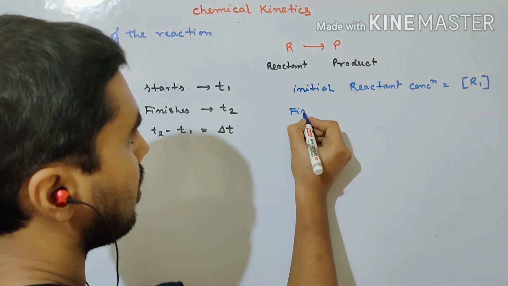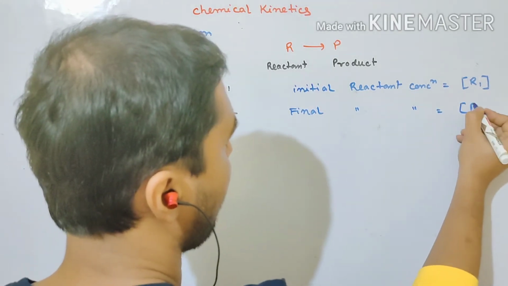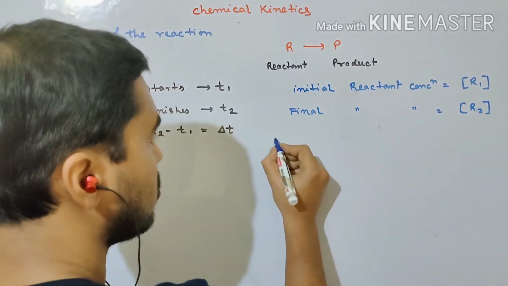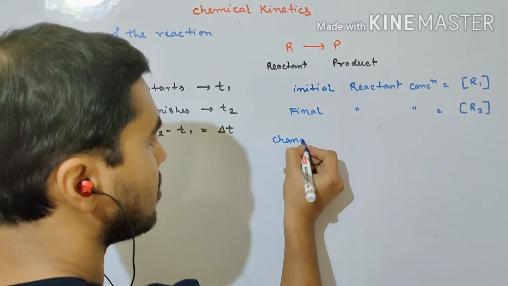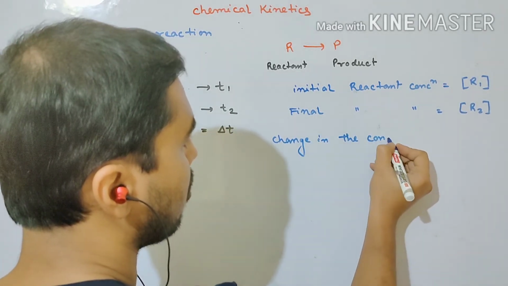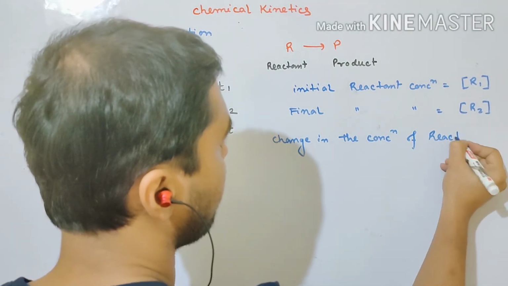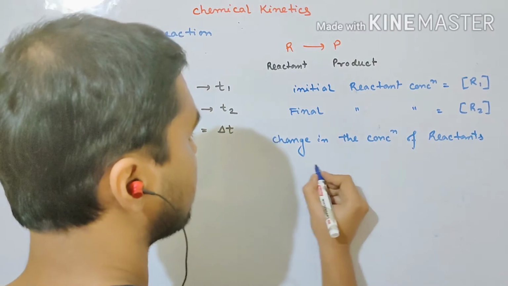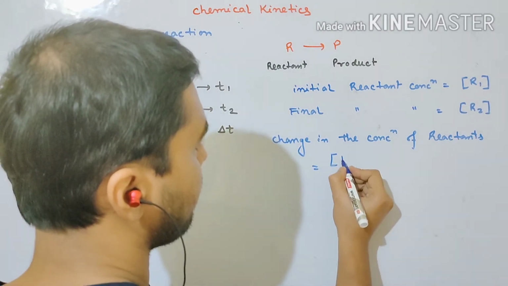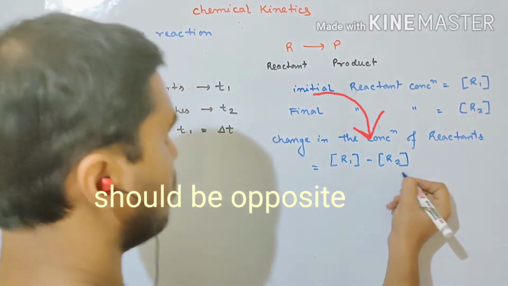And the final reactant concentration is R2. So if we want to write the change in the concentration of reactants, it should be R1 minus R2.